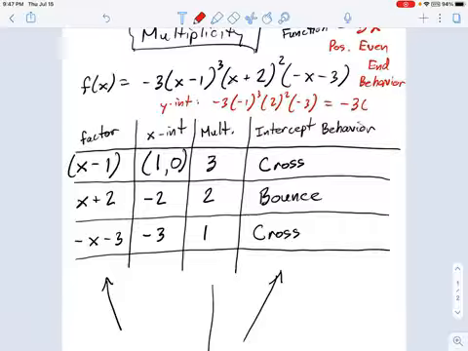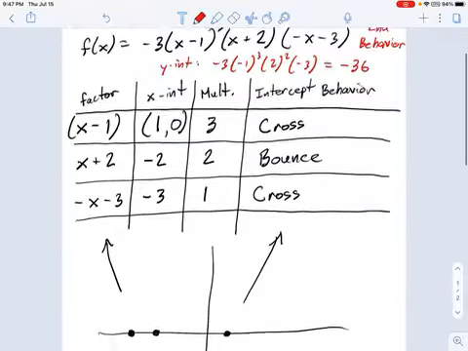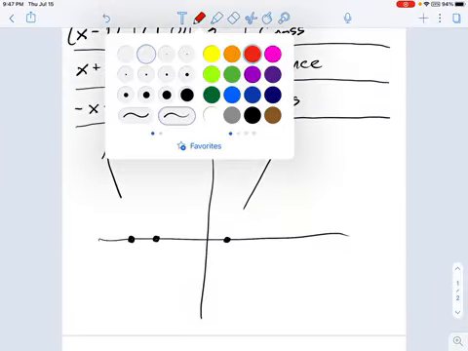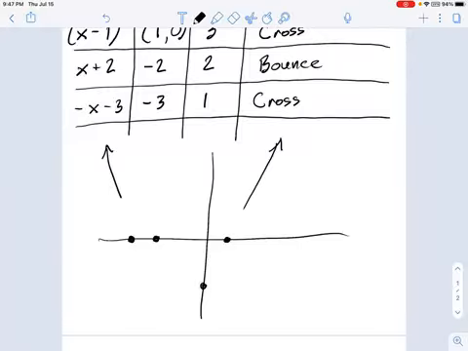Negative 36? I think that's a very large intercept. Let's see, is that right? 3 times 3 is 9. Yeah, I think that's right. Okay, so negative 36 is our y-intercept. We'll just put that guy on this graph, and we'll see if it all makes sense. Just pretend that's negative 36 down there.